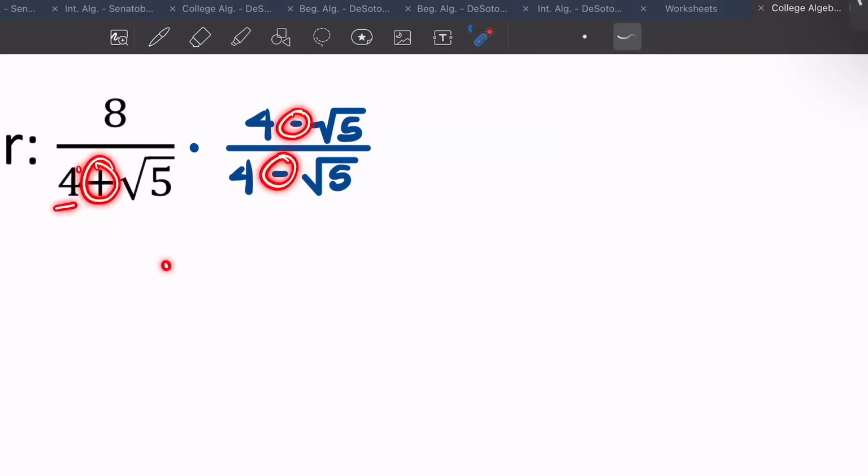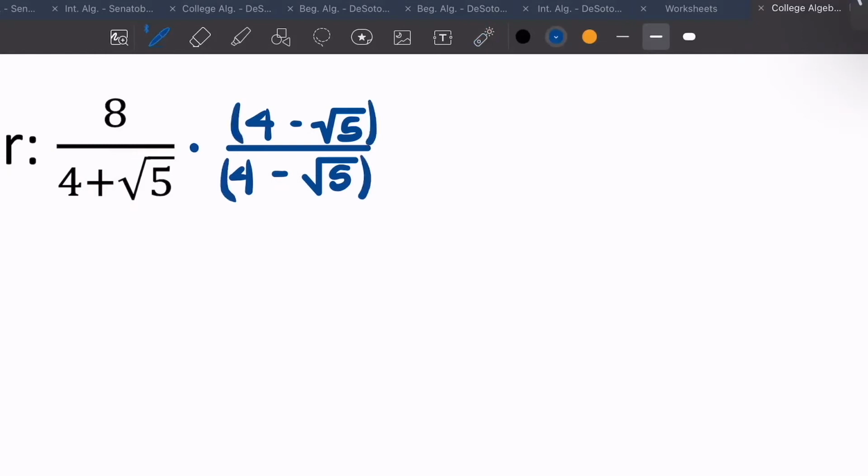Okay, and that will happen every single time. These 2 numbers that you have will stay the same. If you're given a plus, you'll do a minus. If you're given a minus, you'll do a plus. Okay, you're just going to do the opposite of whatever you're given, and you're going to multiply both the top and the bottom by those 2 numbers. Okay, so we have 8 times 4 minus the square root of 5.